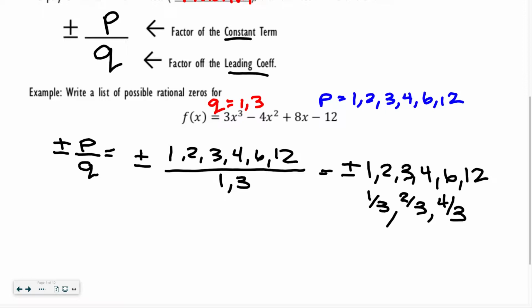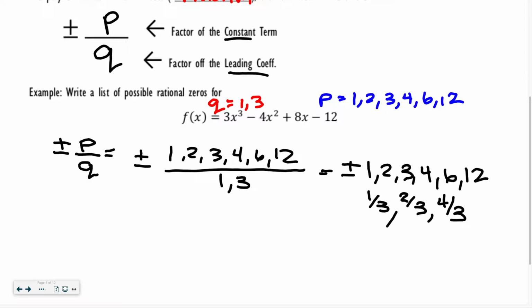My options are plus or minus 1, 2, 3, 4, 6, 12, 1/3, 2/3, 4/3. How many options are there? No, there's more than 9. 18. There's 9 positive and 9 negative.